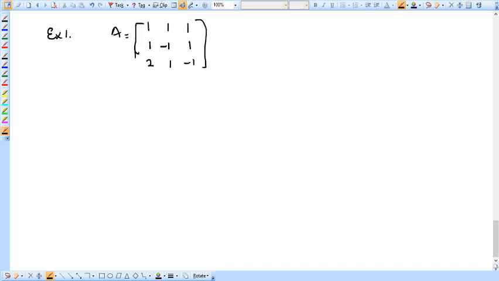This is the matrix, and we are going to change this matrix using elementary operations. So what would be our plan in this case? How are we going to change this matrix?